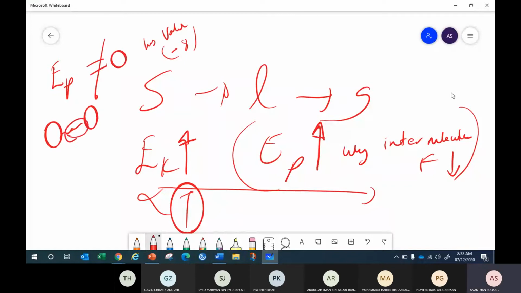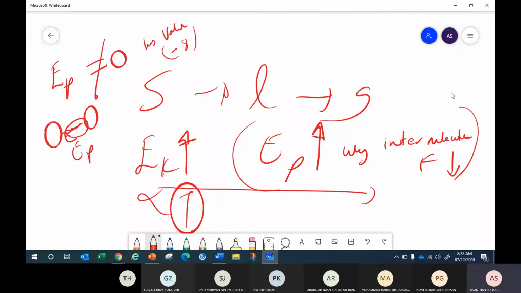As long as you have an intermolecular force, you definitely have EP. But the intermolecular force for real gas is very little, so the EP of real gas is very close to zero. That means not a big magnitude. That's what I meant.